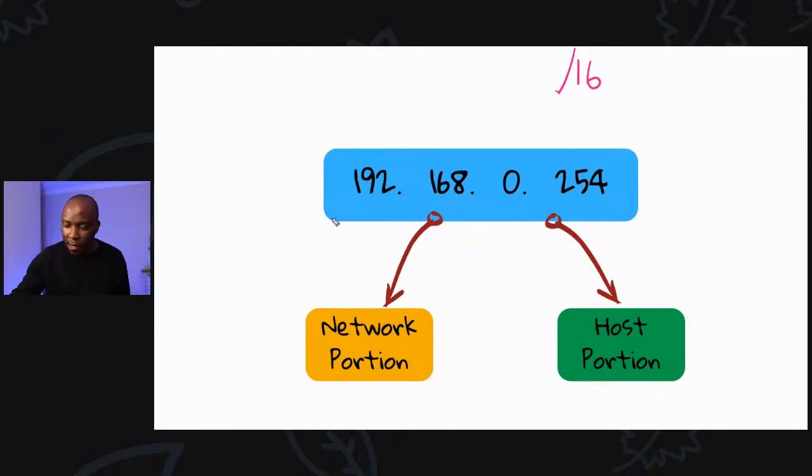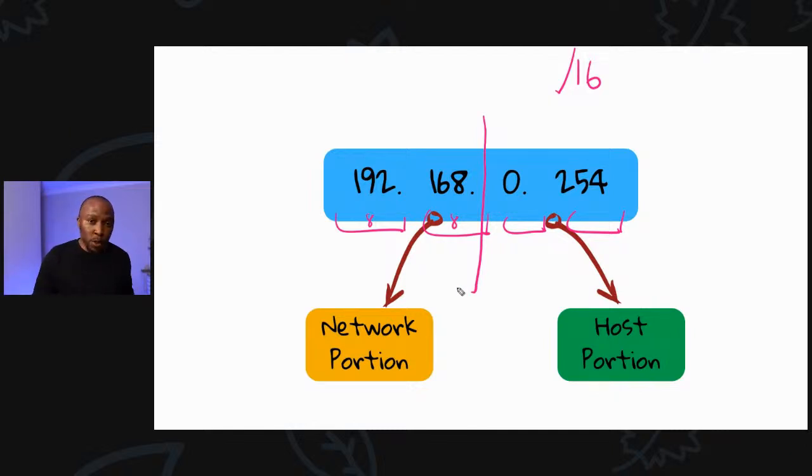Remember I said each value is 8 bits, and 8 bits make an octet. So when I say /16, what I'm literally saying is the first 16 bits of the IP address, which is 8 plus 8. So I'm drawing my subnet mask on this particular line.